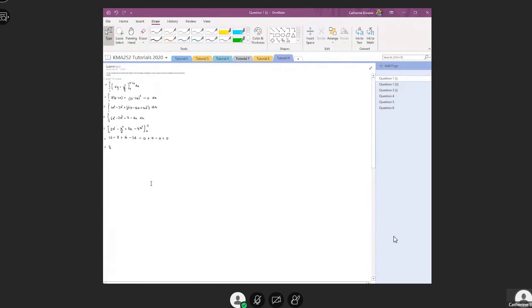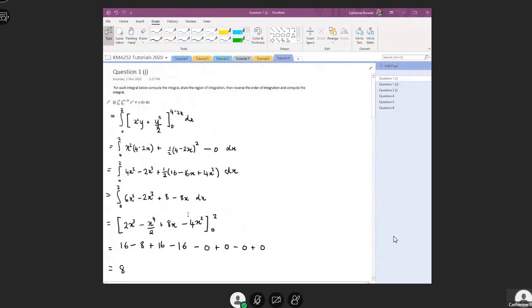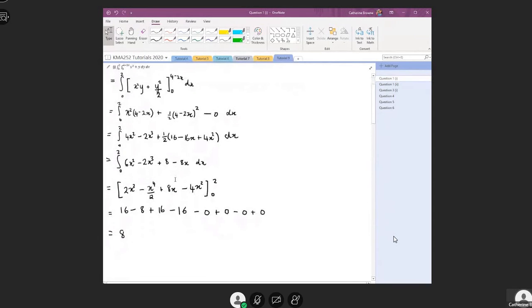So now the question asks us to draw the region of integration, and then we'll be able to reverse the order of integration.